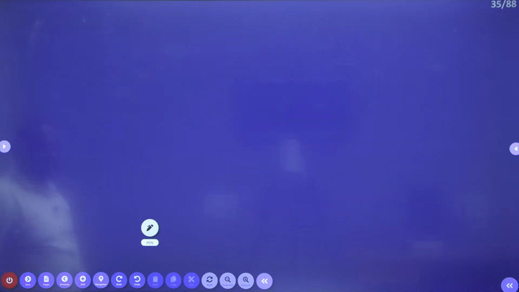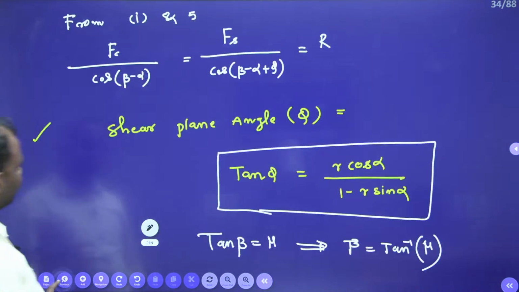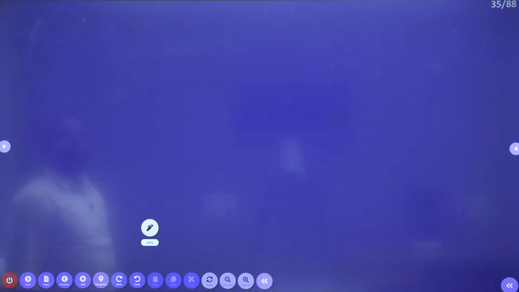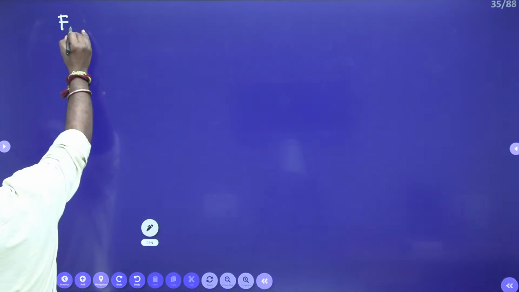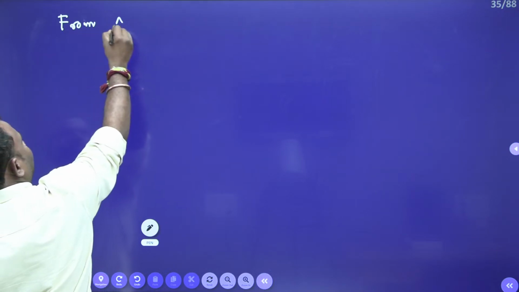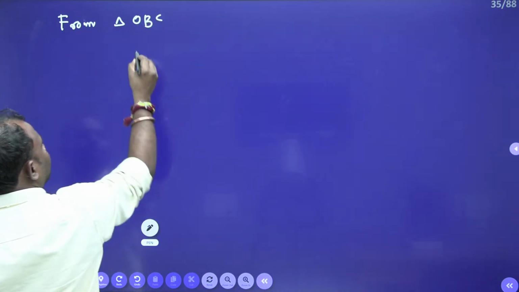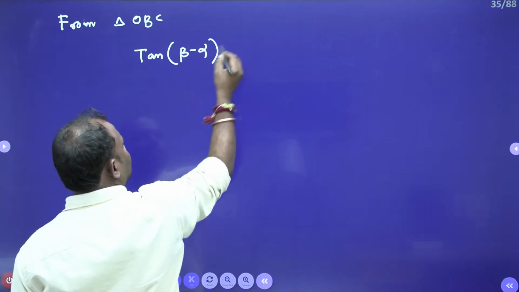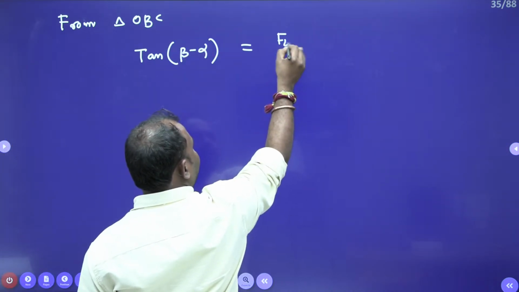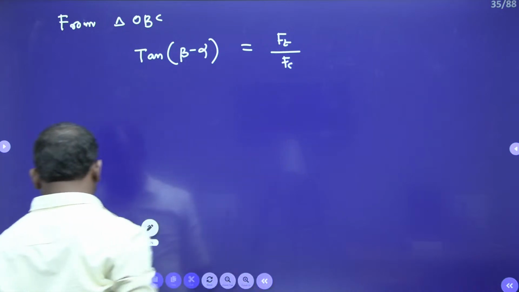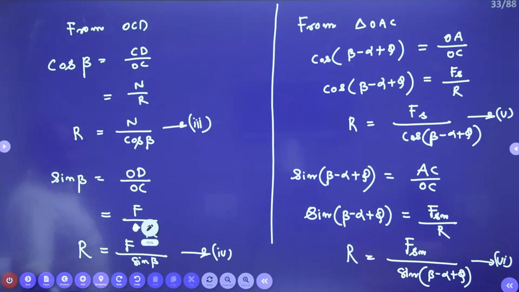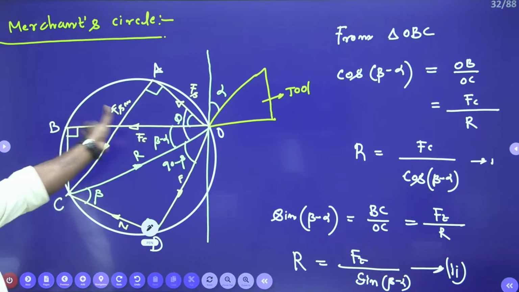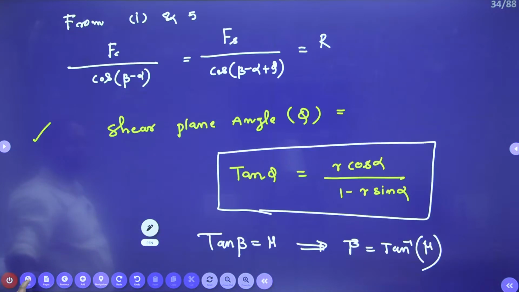Let us go for, so from triangle, what is that? Triangle OBC. Right. From triangle OBC, tan of (beta minus alpha) is equal to Ft by Fc directly. Now we just go back and check this once. So tan of (beta minus alpha) is equal to Ft by Fc, I wrote. Right.